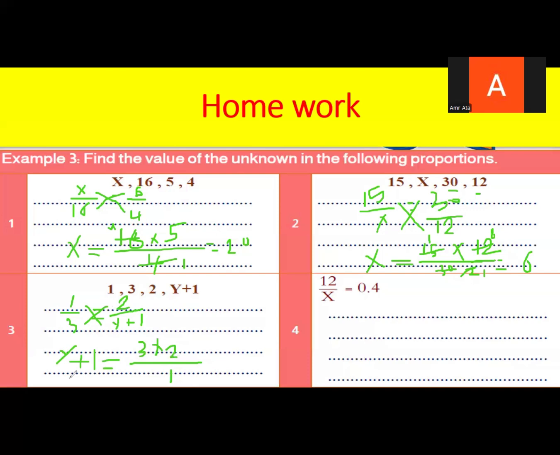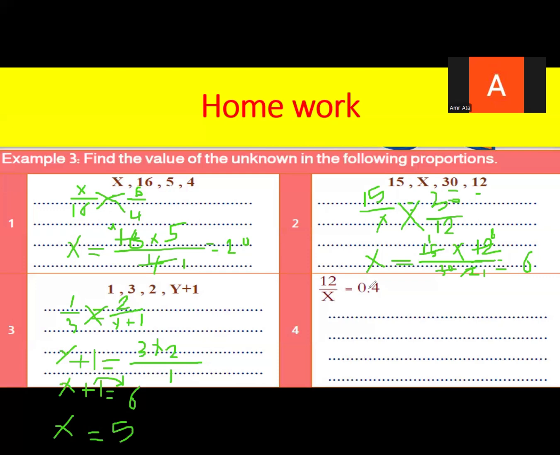So y plus 1 equals 6 divided by 1 equals 6. So it's an equation. I will transport 1 to the other side with the reflected sign. So y equals 6 minus 1. So y equals 5.